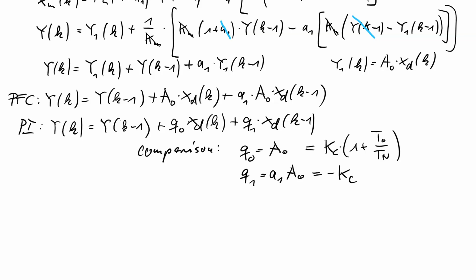This is nearly the gain plus this small integration factor. The sum of both elements gives us an indication of the integration time of my PI controller, the PI time constant, and q1 is the negative Kc.